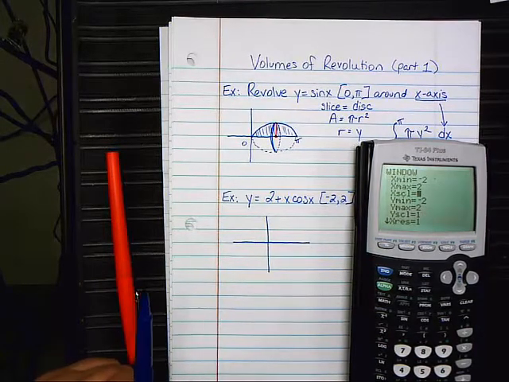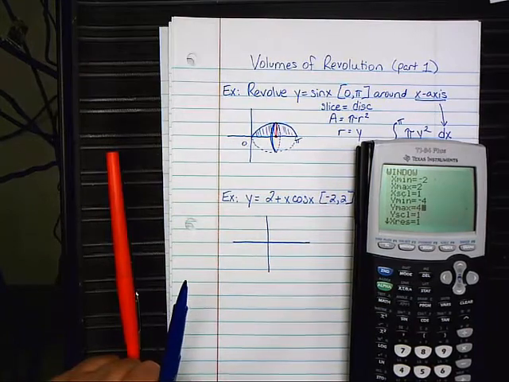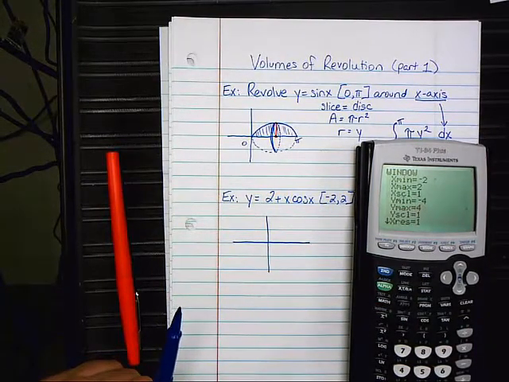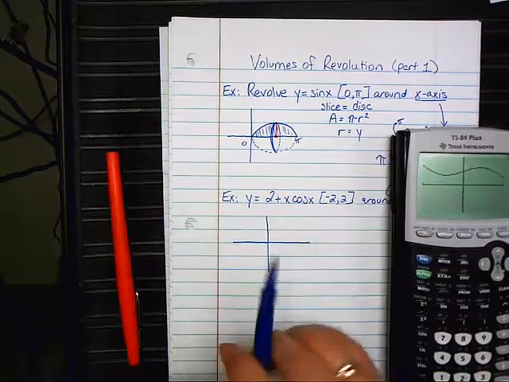Negative 2 to 2 doesn't work. It cuts a little bit of it off. So we're going to go negative 4 to 4 for the y's. So negative 2 to 2 for the x's, negative 4 to 4 for the y's. And then push graph. And that's kind of a fun curve. I like that curve.